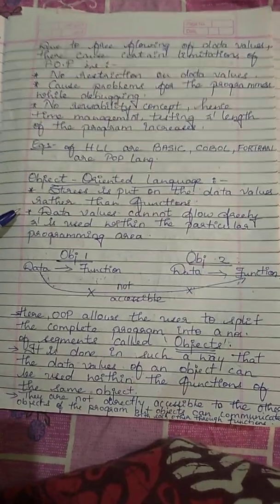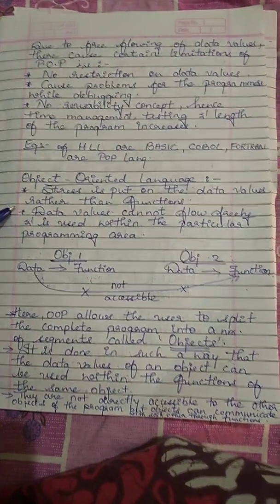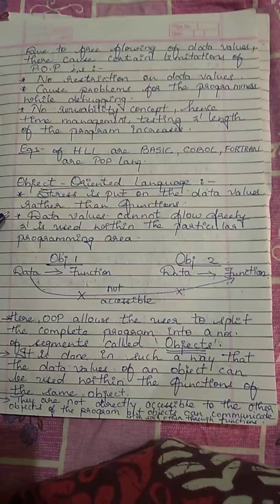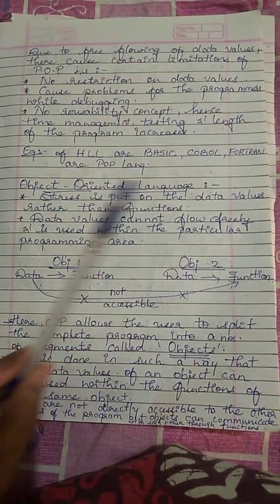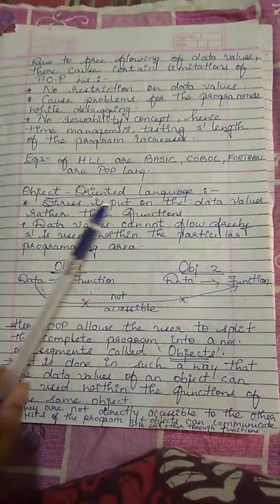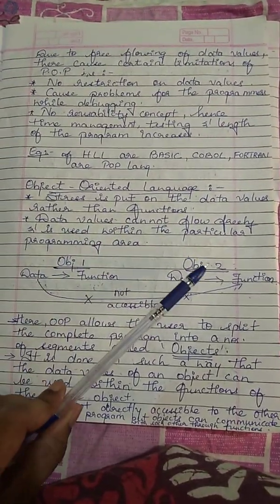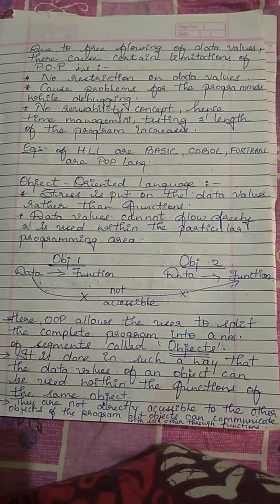Then we learned about object oriented programming. Here the stress was given more on the data values rather than the functions. Data values cannot flow freely within a particular programming area.